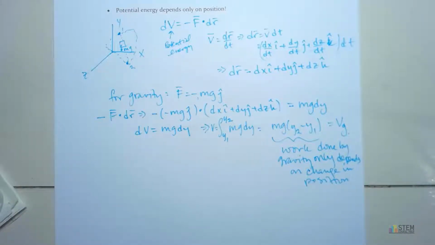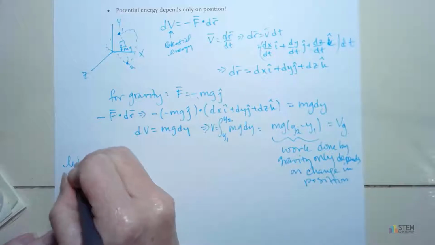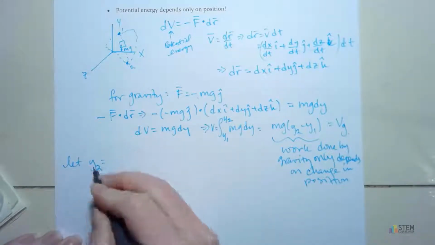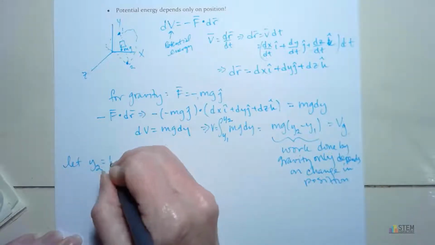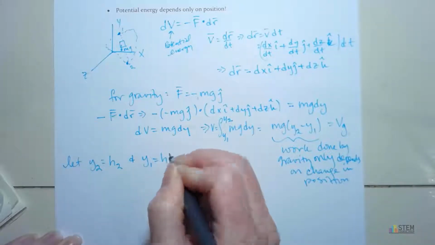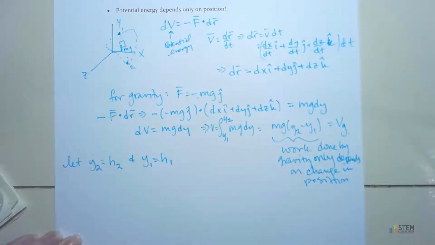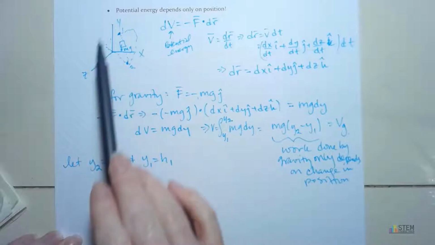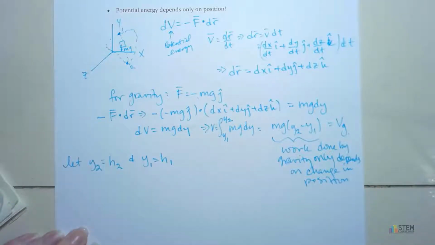All right. Now, typically you don't have this written in terms of y. Usually we have it in terms of h. So let's switch that up. So we'll let y2 equal h2, and then y1 will be h1. And by making these substitutions, this equation will work regardless of your coordinate system. Okay.